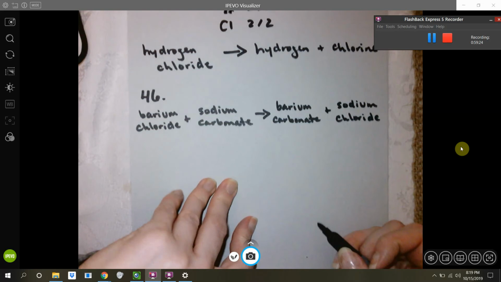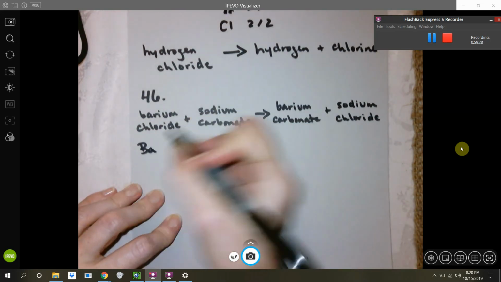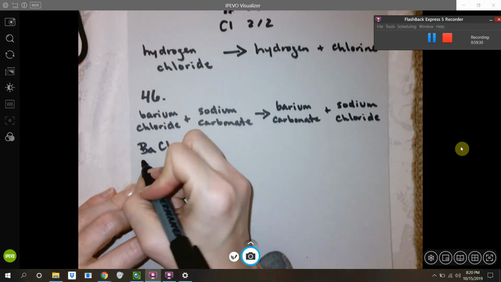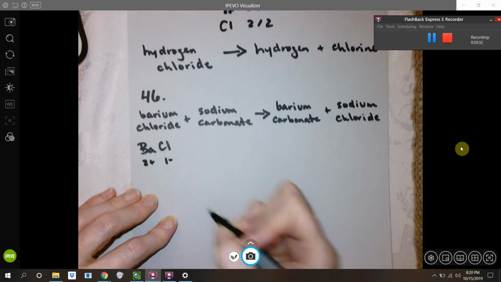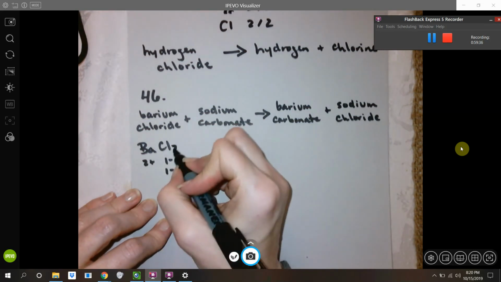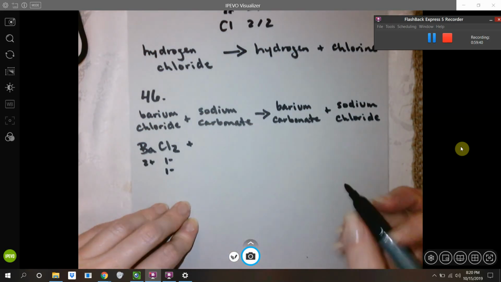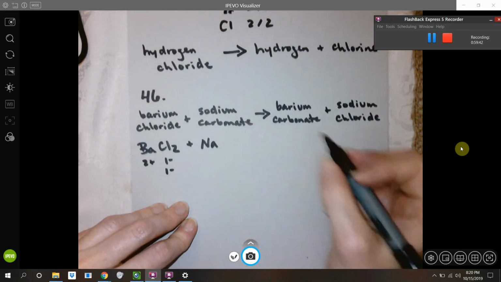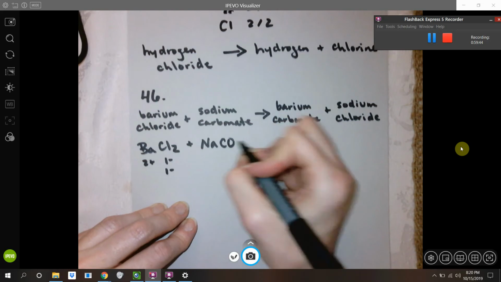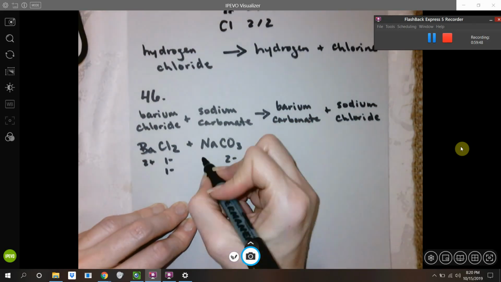Let's turn it into some formulas. So barium is Ba, chlorine is Cl, barium is 2 plus, chlorine is 1 minus. So we'll balance those charges and it becomes BaCl2. Sodium carbonate, sodium is Na, carbonate is CO3, CO3 2 minus, Na is 1 plus.